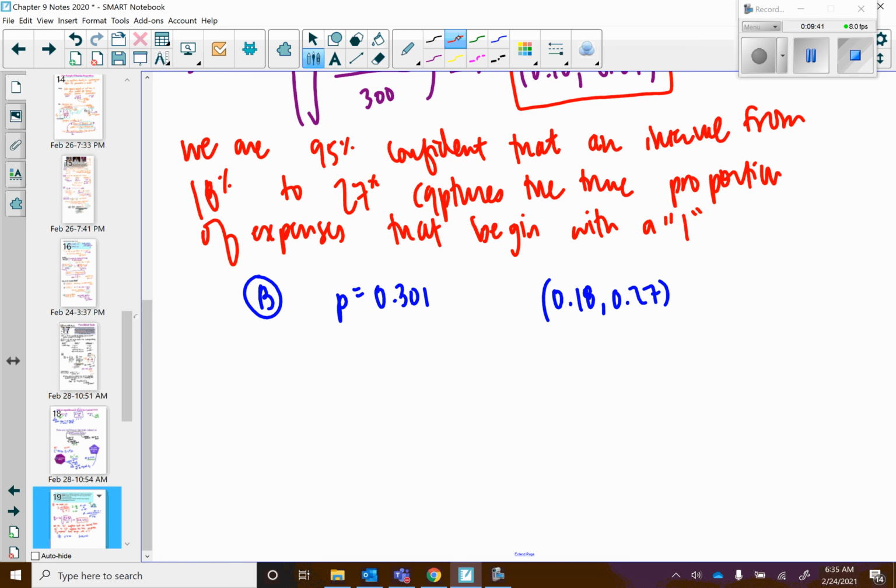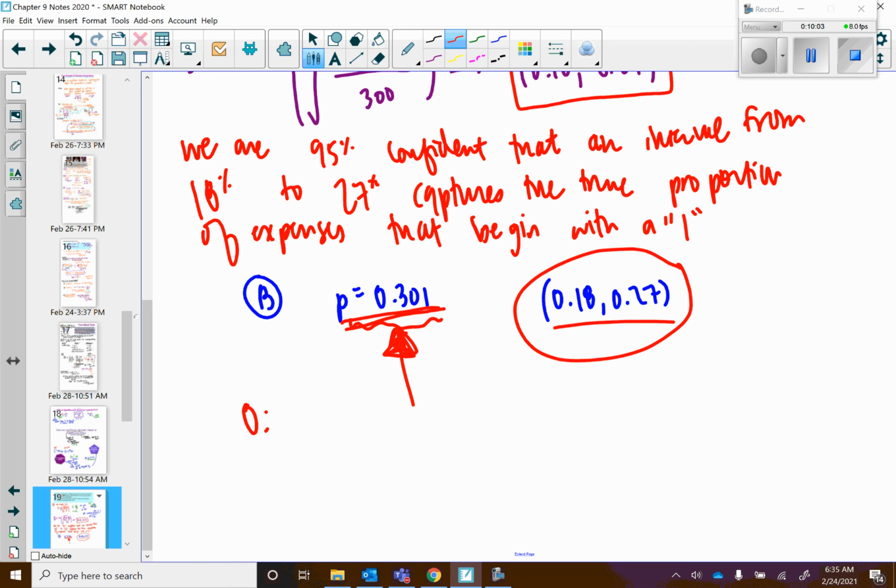Does this value make sense with our interval? Well, no. Look at how our entire interval is below that number. If there was no fraud, we would expect the true proportion to be about 0.30. We would expect that true proportion to be in our interval, but it's not in our interval. 0.301 is not in our interval.